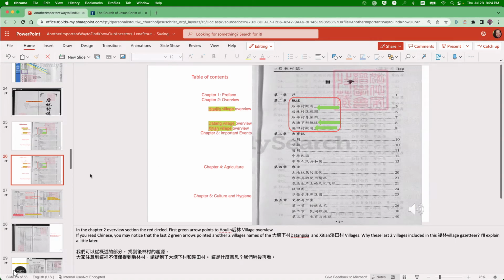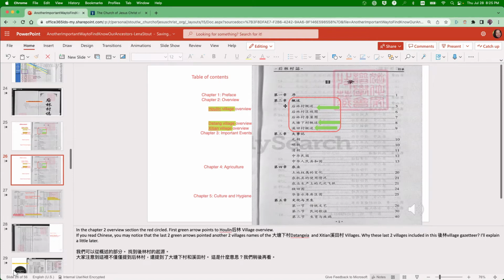Later I'll explain that they also included another two villages that people moved out from this Houlin Cun that we are talking about.